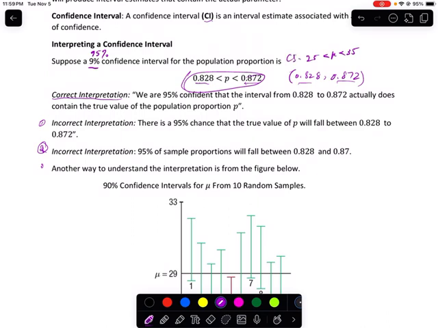If we have created a CI and it looked like this, then because it's a mean, we will use the mu.